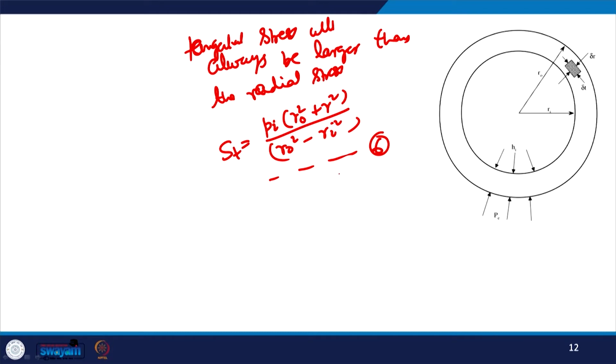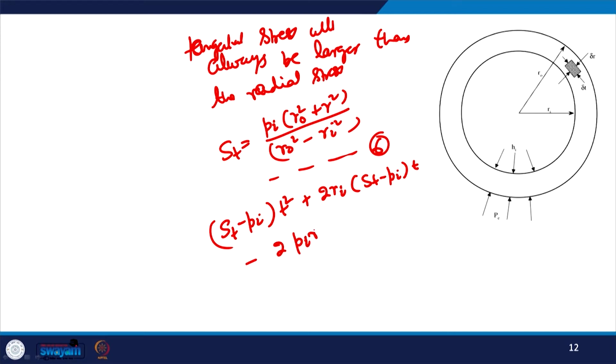On substitution of Ro in terms of Ri and T, and rearranging the equation, it becomes St minus Pi T square plus 2 Ri St minus Pi T minus 2 Pi Ri square is equal to 0, and that is equation number 7.